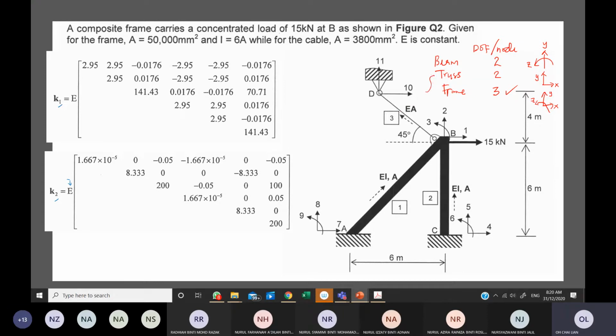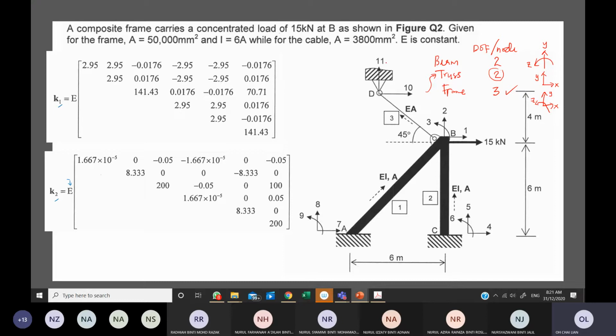A cable is also a pin-jointed element which can be categorized under truss structure, so at these nodes, we deal with 2 DOF per node. Meaning at B, at least 2 DOF must be shown in the X and Y direction, so it has been shown here, 1 and 2 at B. And at D, you also put 10 and 11.